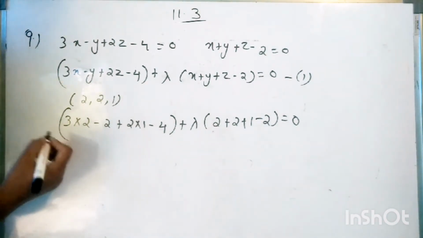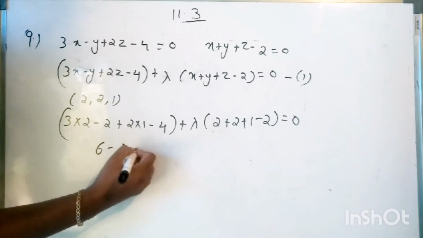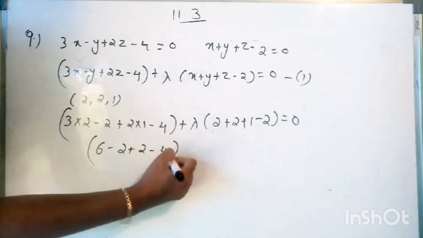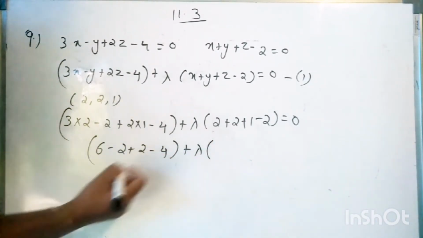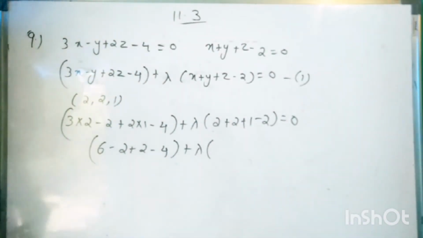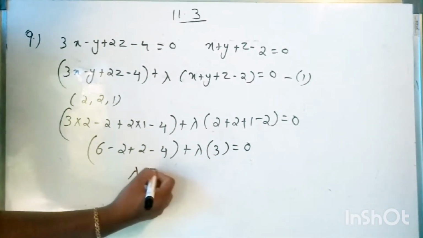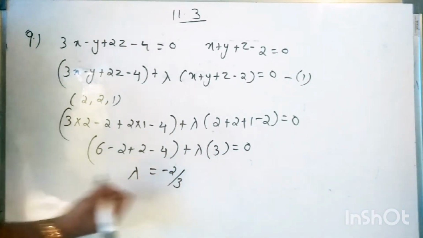This is 6 minus 2 plus 2 minus 4 plus lambda into 2 minus 2 get cancelled, 2 plus 1, that is 3, equal to 0, and you will get lambda is equal to minus 2 by 3.